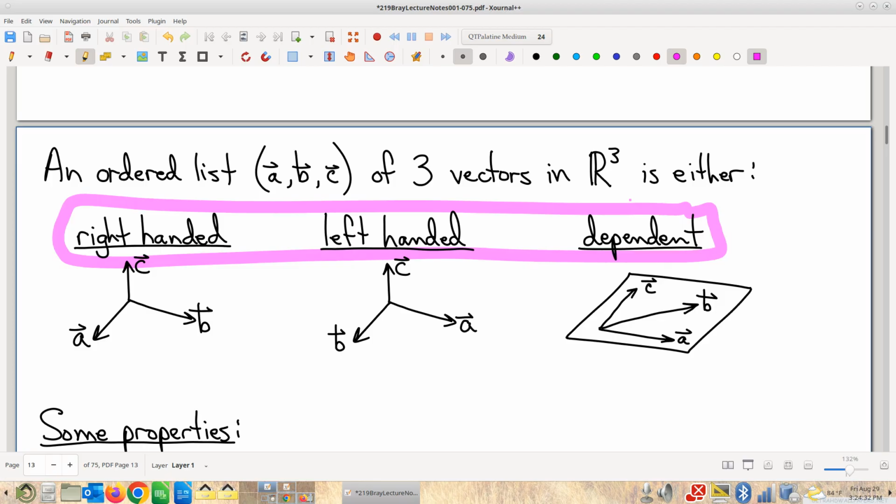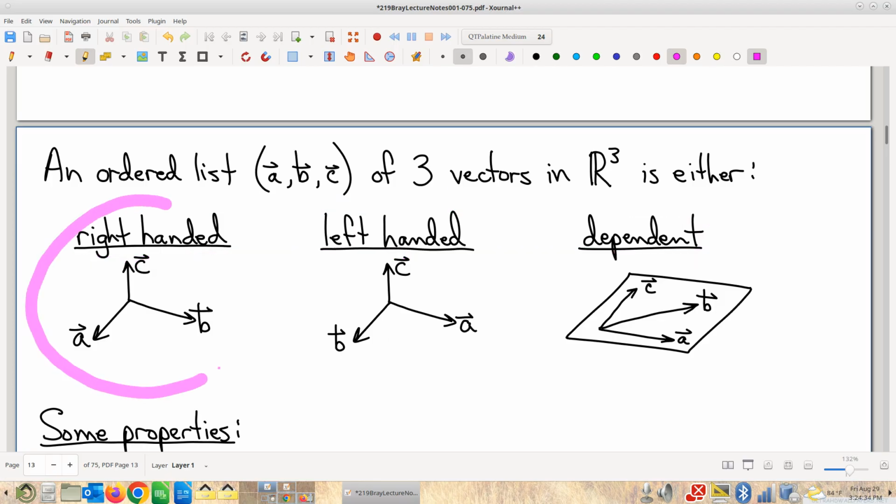So there is such a thing as a right-handed list. So if we have a list, let's put A first, B second, C third, and let's suppose that those vectors are what I have drawn over here. We call this a right-handed list, and I have to tell you what I mean by that, because this is not something that you're probably as familiar with as like clockwise, right? Y'all have been reading analog clocks for many years, I presume.